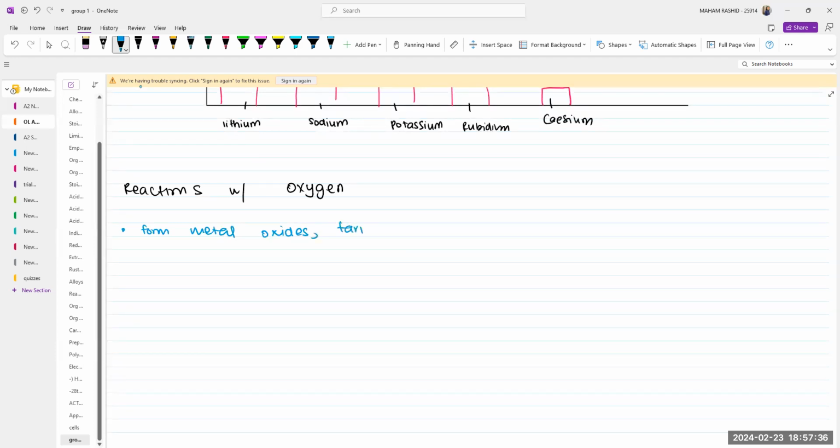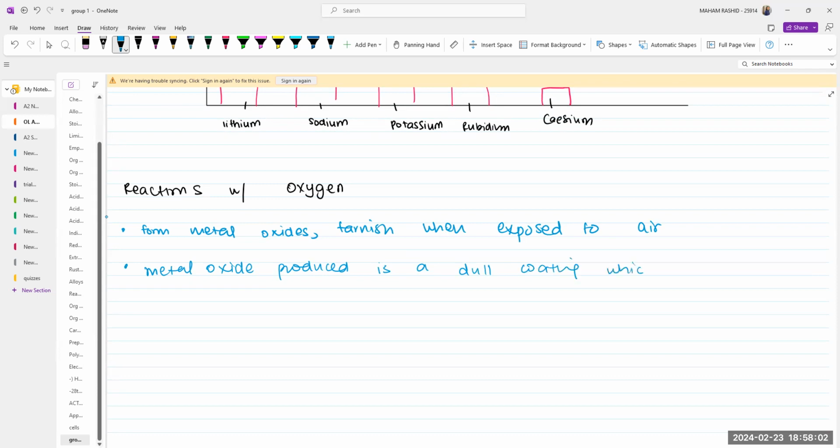And this is why they tarnish when exposed to air, because they start reacting with the oxygen in the air. Second point here is metal oxide produced is a dull coating which covers the surface of the metal.